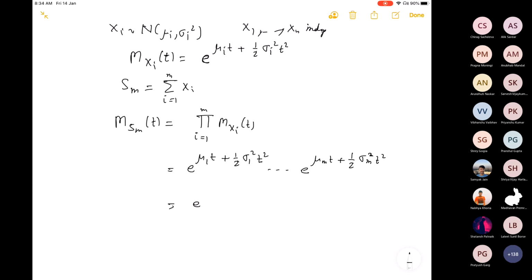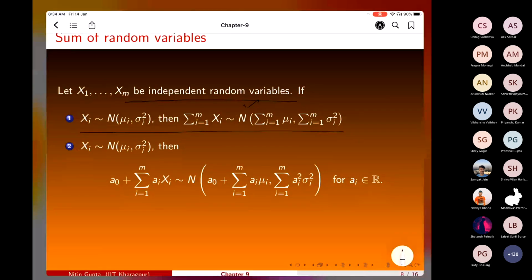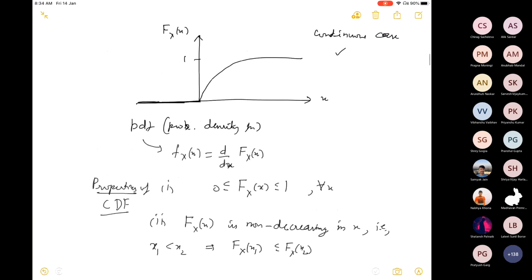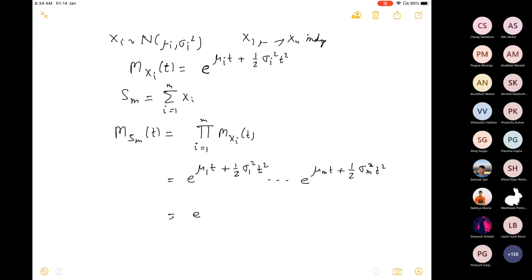Therefore, this will be e raised to power summation mu i, i from 1 to m, times t, plus half summation sigma i square, i from 1 to m, times t square.